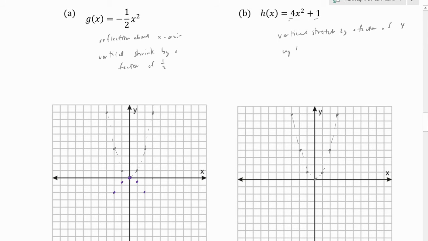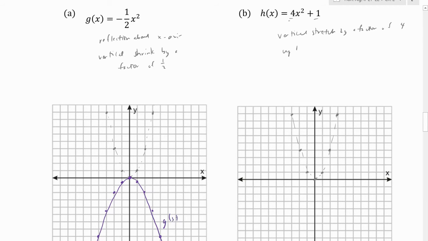Instead of over 3, up 9, well, half of 9 is 4.5. And then we could go another one. So if we did 4 squared, get 16. Half of 16 is 8. So we've got a curve. It looks like that.